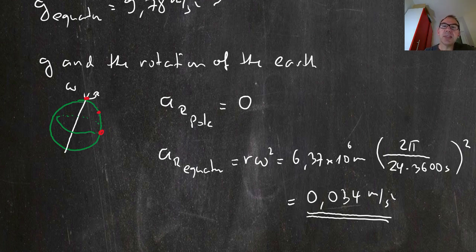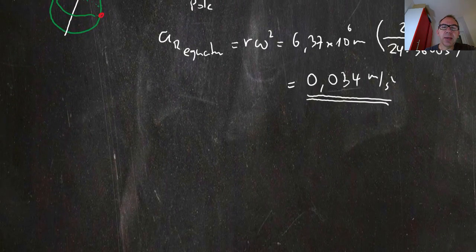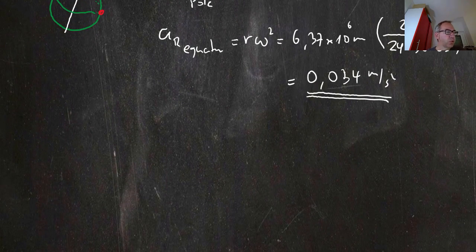So we really have to distinguish what we are talking about, and there are two g values.